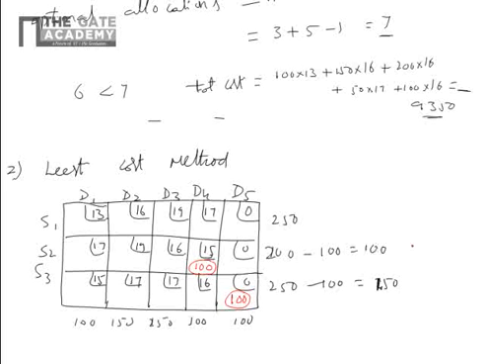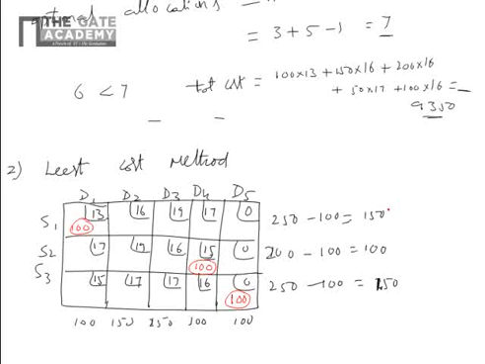Sorry, before the 15 there is another 13, so allocate that 13 and cancel that column. For that 13, 250 minus 100 is 150. After 13 you can allocate the 15.